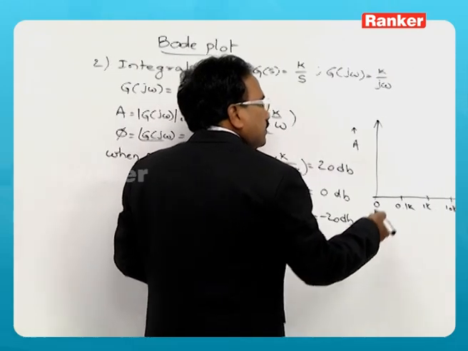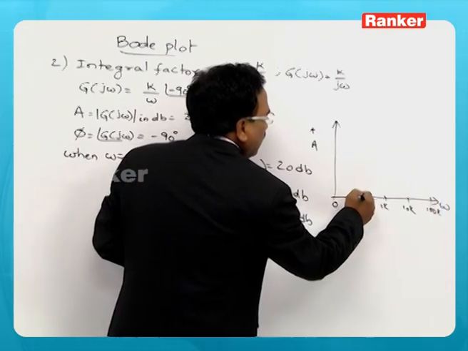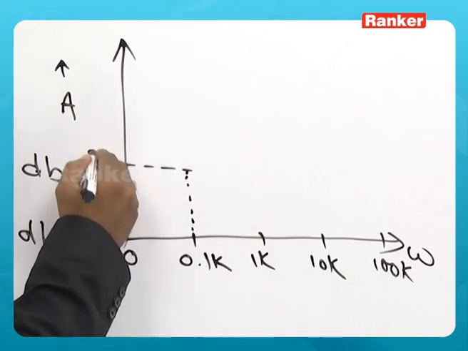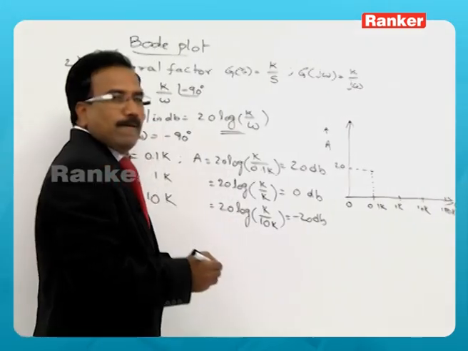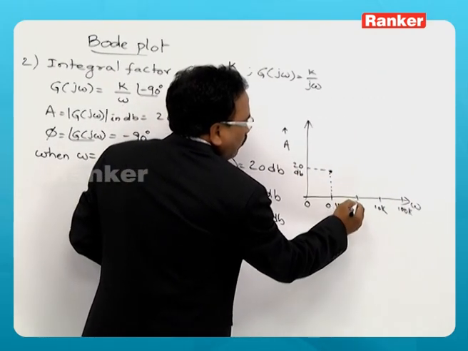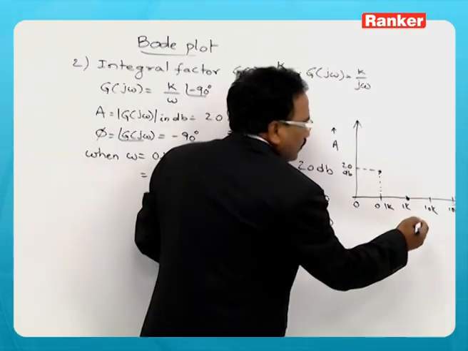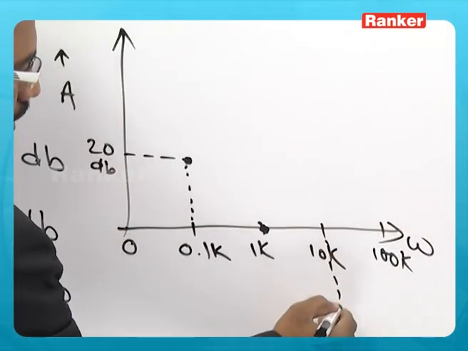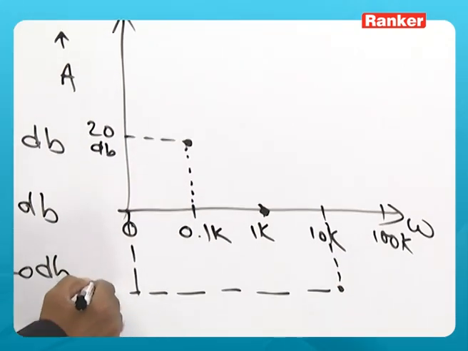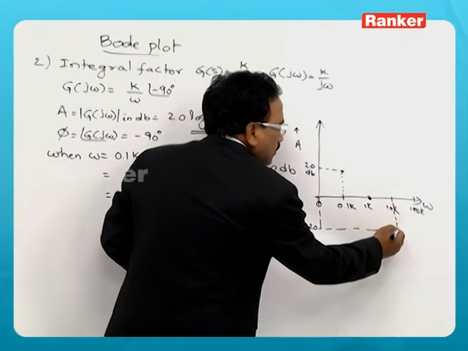We have seen that at 0.1 K the value is 20 dB, and when ω equals 1 K the value of the integral factor is 0, and when ω equals 10 K the magnitude is minus 20 dB. That means you can join these 3 points.